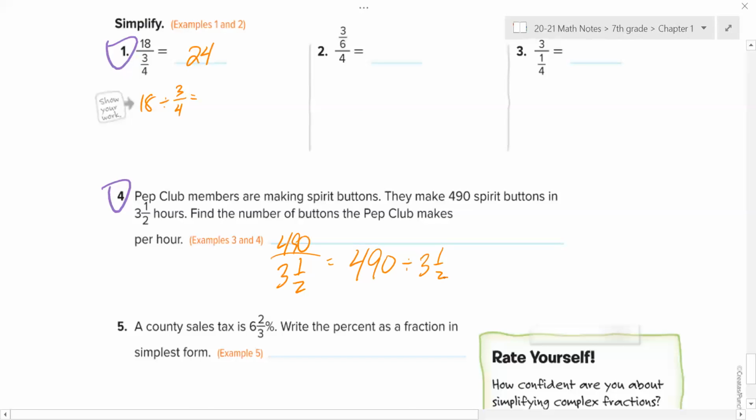If you're doing that longhand, you'd want to make it into an improper fraction and multiply by the reciprocal. So 490 divided by 3.5. So they make 140 buttons per hour.